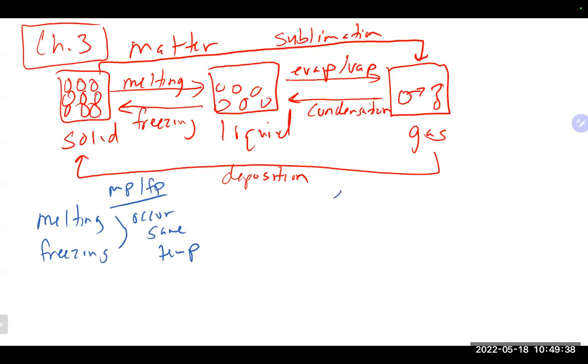Also evaporation or vaporization and condensation occur at the same temperature. And that is where the normal boiling point of a substance occurs. So for water, obviously that's 0 degrees Celsius for our freezing point and 100 degrees Celsius for our boiling point.